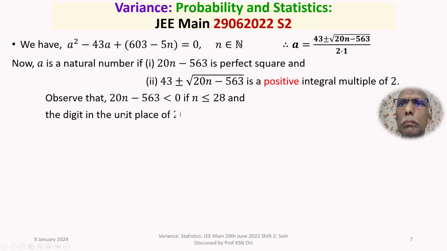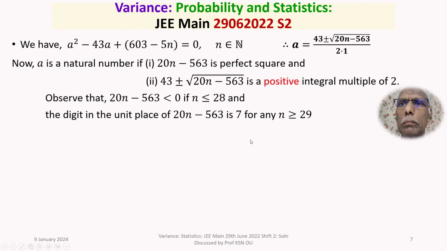You can put 29 and subtract, and you will get a 7.